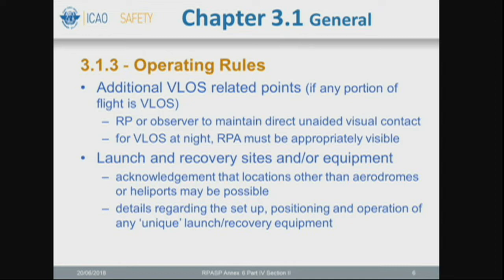Again, it's not really rocket science. It's pretty obvious in terms of what's needed from there. There's also a small element in there about launch and recovery sites and all the equipment. Again, it's an acknowledgement that locations other than particular aerodromes or heliports may be possible to fly remotely piloted aircraft from.